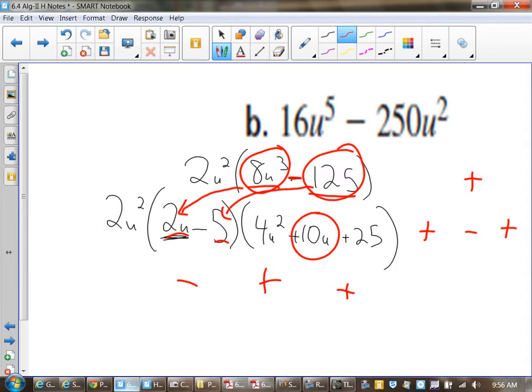Remember the pattern: if it's a cubed plus b cubed, it's a plus b, a squared minus ab plus b squared. That's what it's always going to be. And if it's minus, you just change your sign. That's always, always, always the pattern.